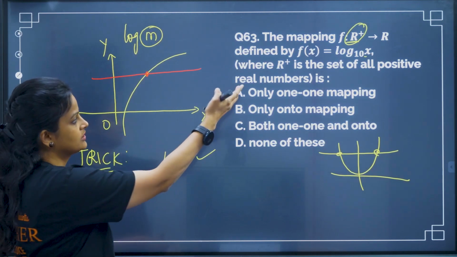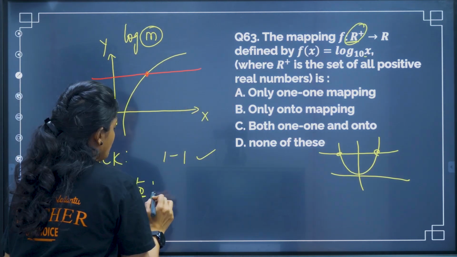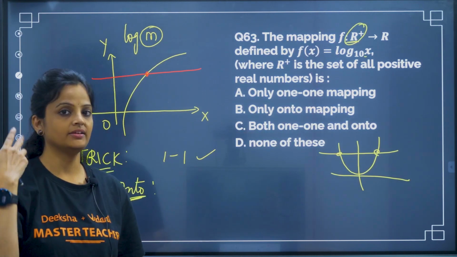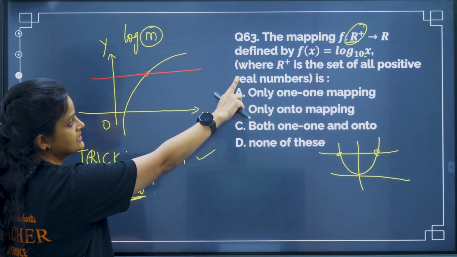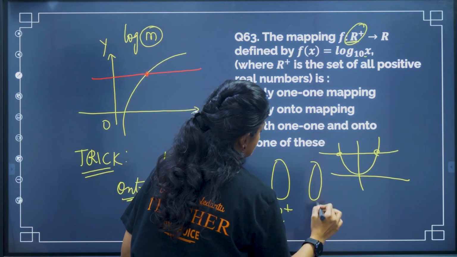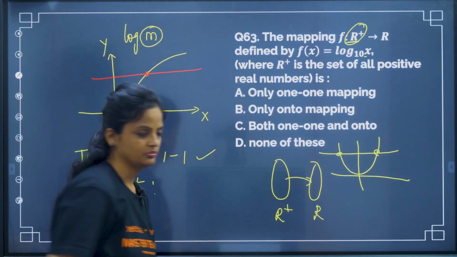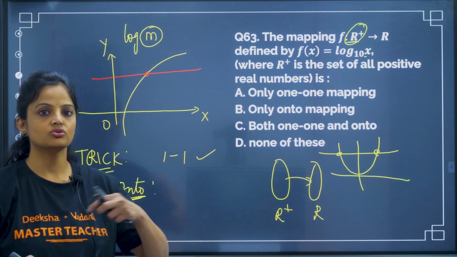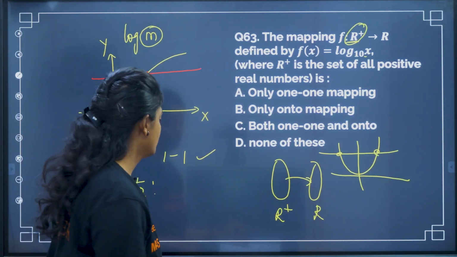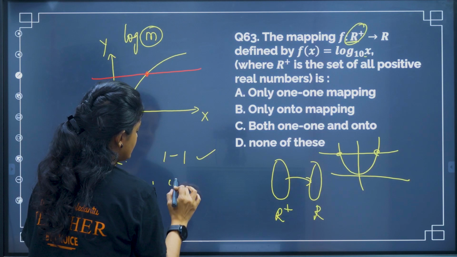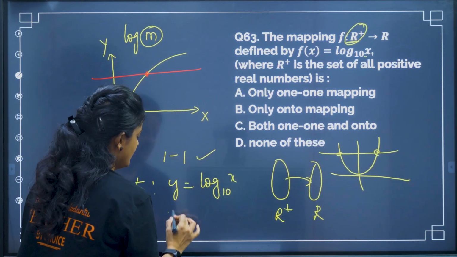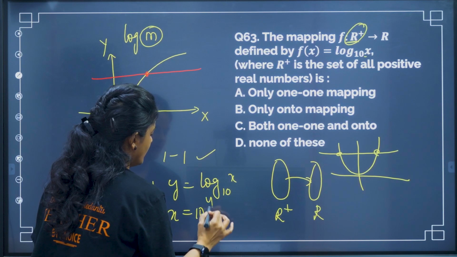So that is enough for this question. Onto we can make out by seeing the mapping only. If you can think smartly, then you can see that one side it is R plus, other side it is R. Can I take onto? The range has to be equal to the codomain to tell that directly as onto. If you are not able to do that, then take log x to the base 10 as y, so x is equal to 10 to the power of y.